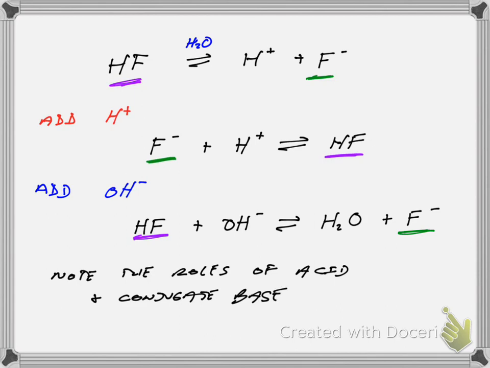So again, note the roles of acid and conjugate base. When we add a strong acid, the conjugate base forms the weak acid. And when we add a strong base, the acid forms the conjugate base. And so in both of these cases, again, we will see a change in pH, but it will be very, very small compared to the change that we would see without the buffering system. And so this is how buffers keep pHs within fairly small ranges.